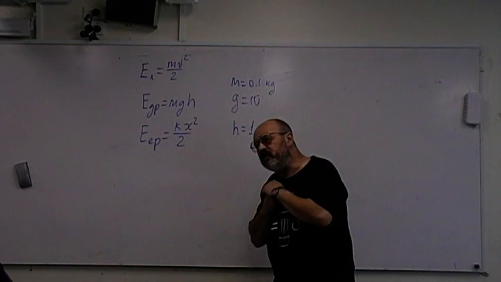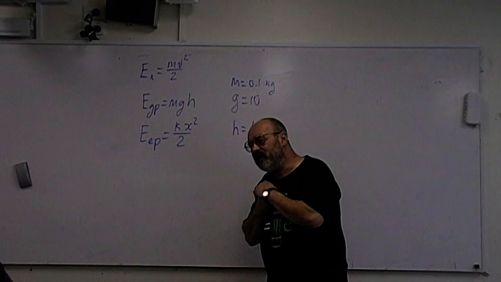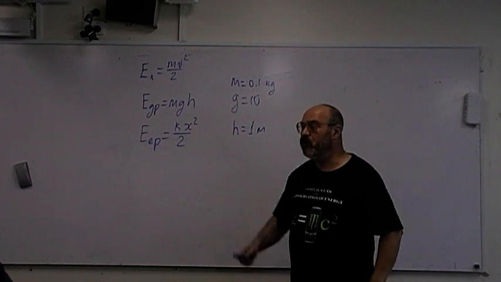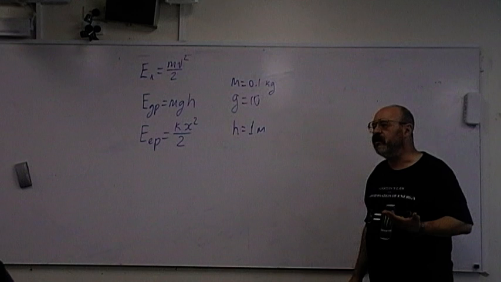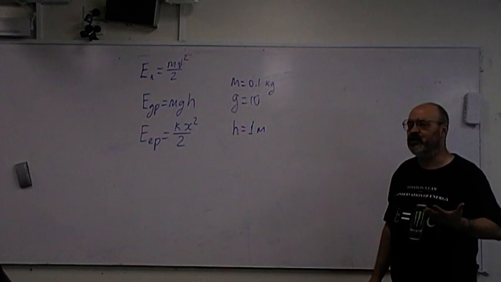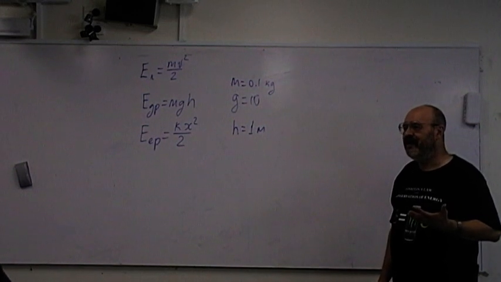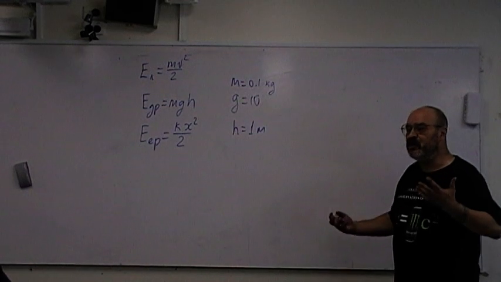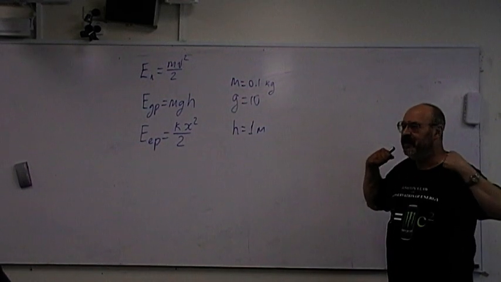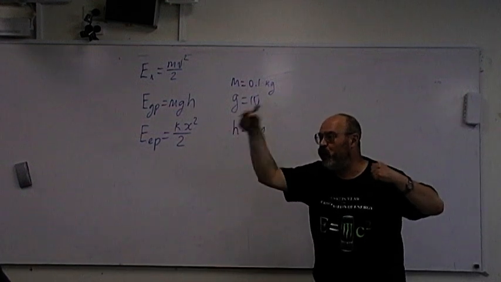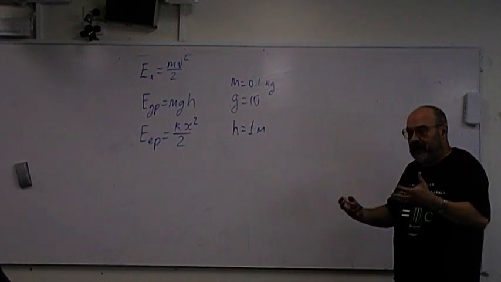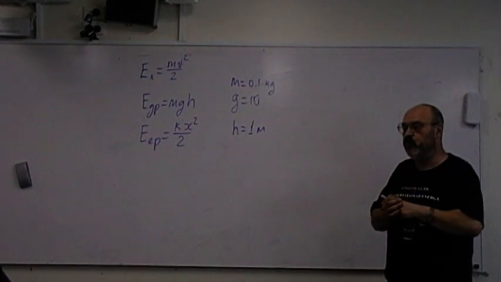What does it mean, negative gravitational potential energy? To do that, we need to recall what energy is in general. What is energy? Ability to do work. If something has energy, it has the ability to do work.